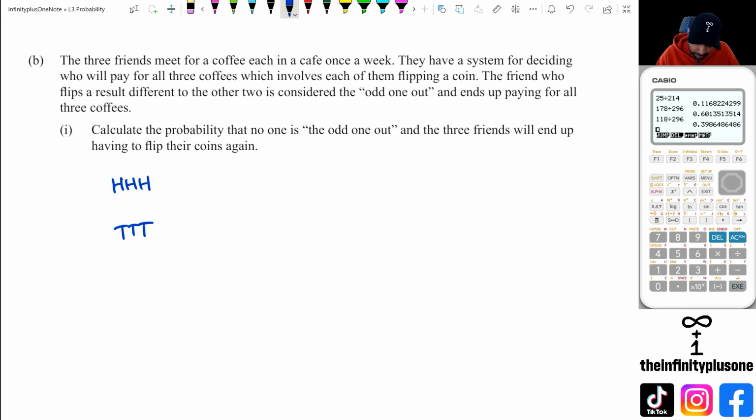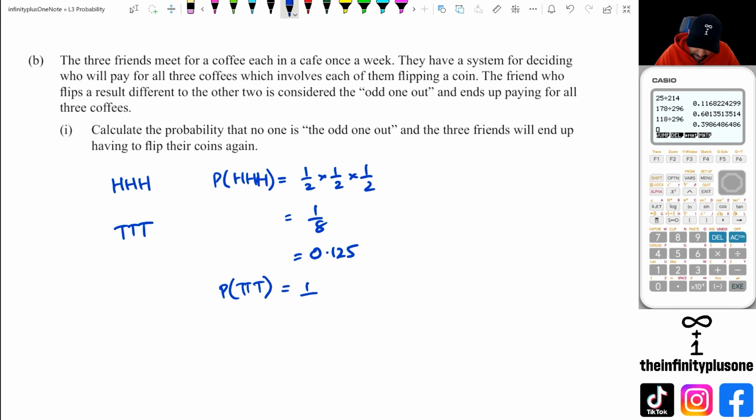So in this case, the probability of 3 heads is a half times a half times a half, which equals 1/8, which is 0.125. And then the probability of 3 tails is half times half times half, which is 1/8, which equals 0.125.